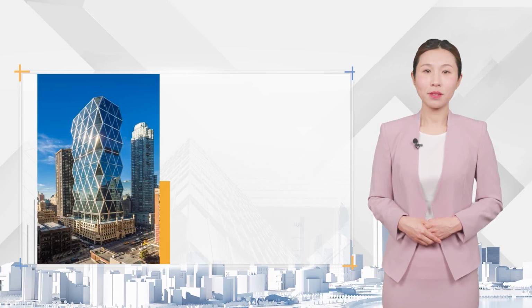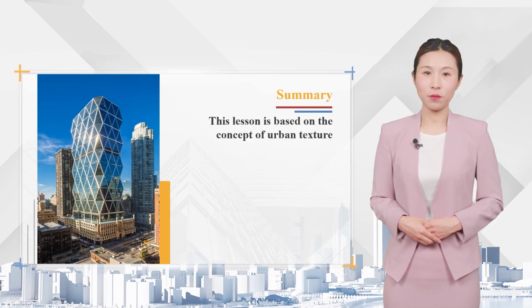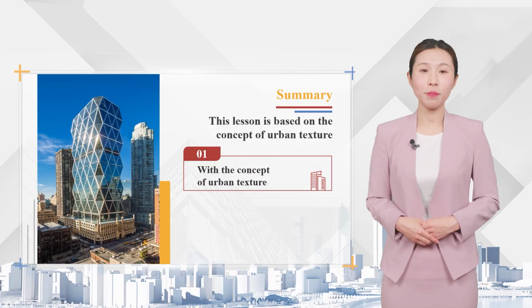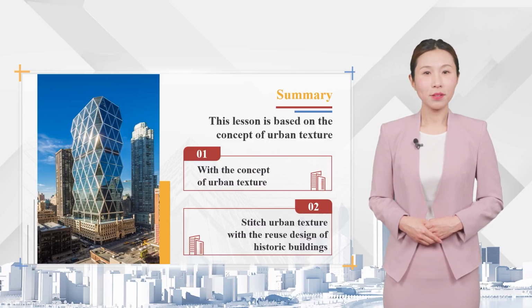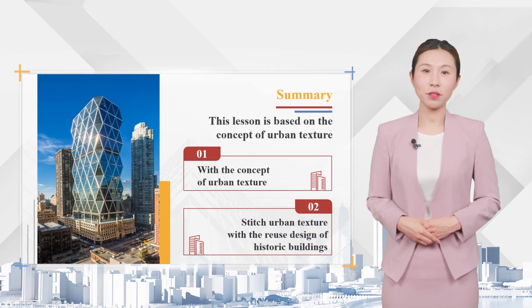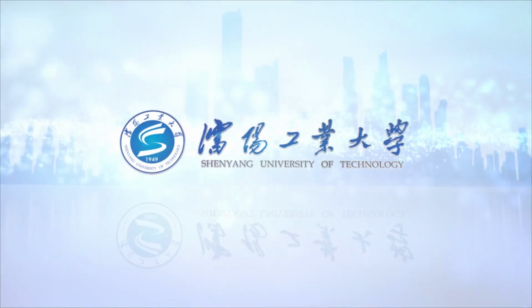Now let me summarize what we have learned. In this lesson, with the concept of urban texture, we learned how to stitch urban texture with the reused design of historic buildings, so as to achieve the function of continuing the urban context.